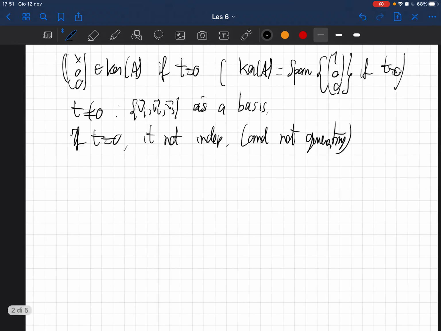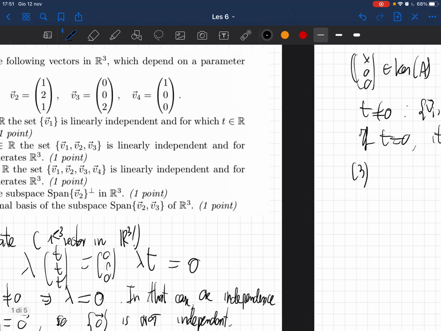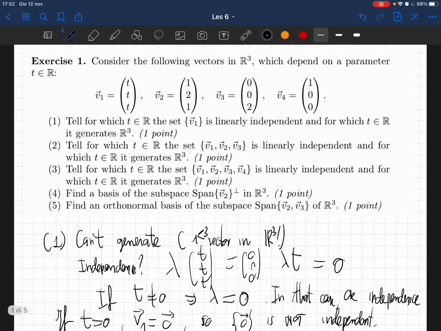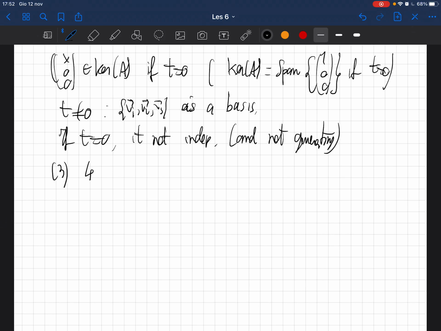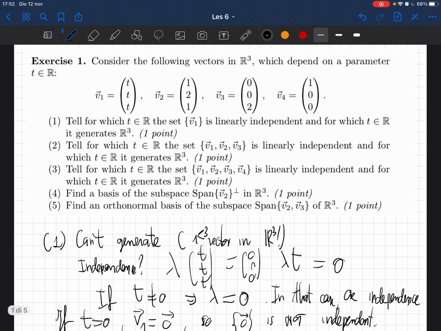So the third one asks for which t the set of all these 4 vectors is linearly independent and for which t it generates. And here there is something from the theory: since you have 4 vectors in R3, never independent, but in principle they can generate.